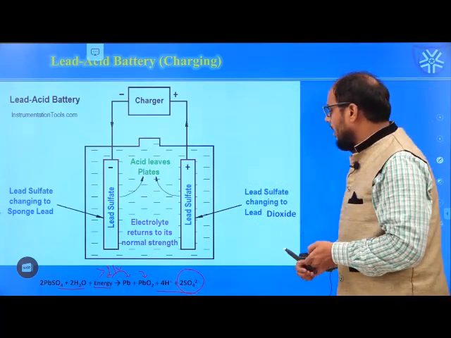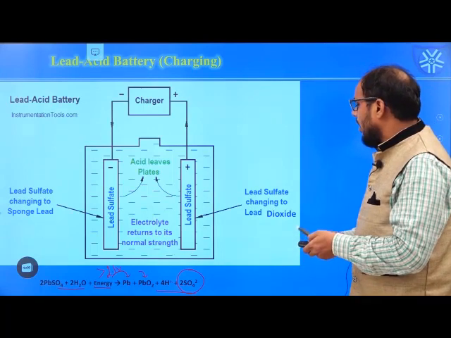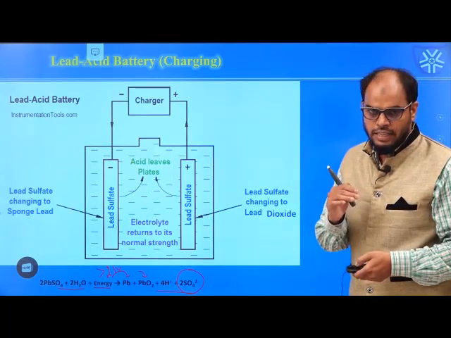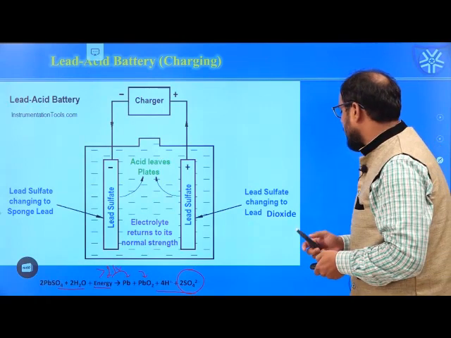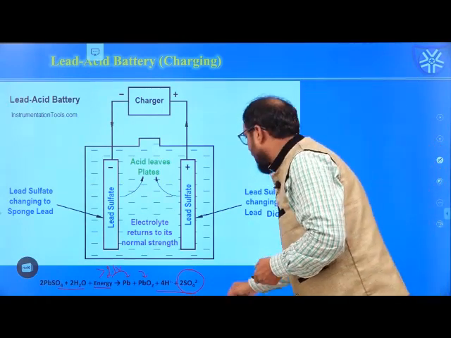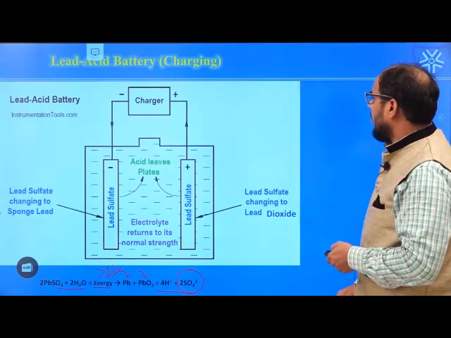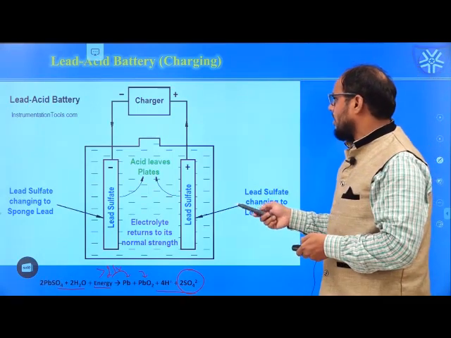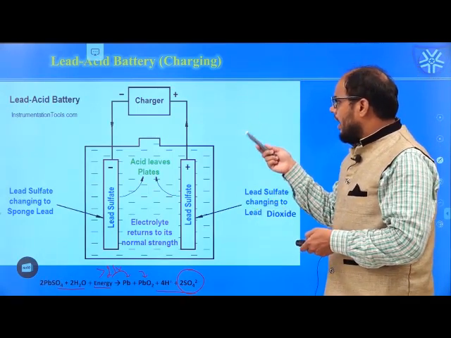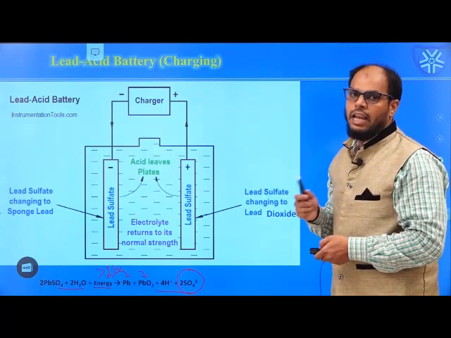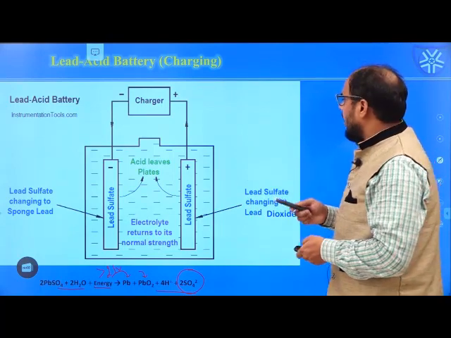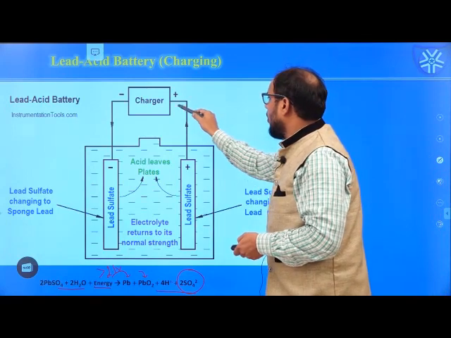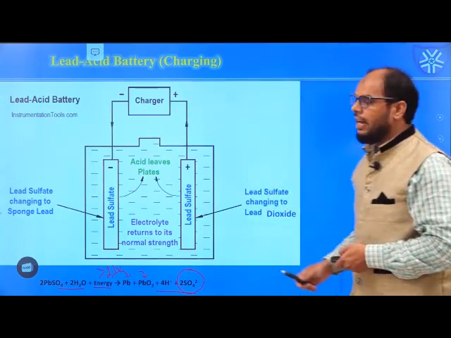So, I can say that during the discharging process, the concentration of sulfuric acid is decreasing, and during the charging process, the concentration of sulfuric acid is increasing. I should also tell that during the charging process, the lead acid battery is behaving as an electrolytic cell. So, the anode will be positive and the cathode will be negative.